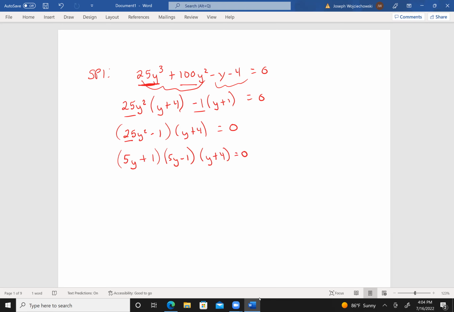So this means that 5y plus 1 equals 0, or 5y minus 1 equals 0, or y plus 4 equals 0. So here we have 5y equals -1, y equals -1/5. Here we have 5y equals 1, y equals 1/5. And here we have y equals -4.